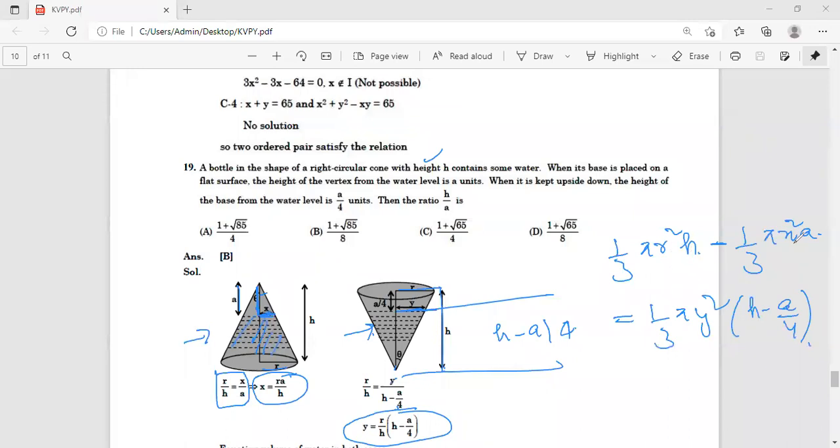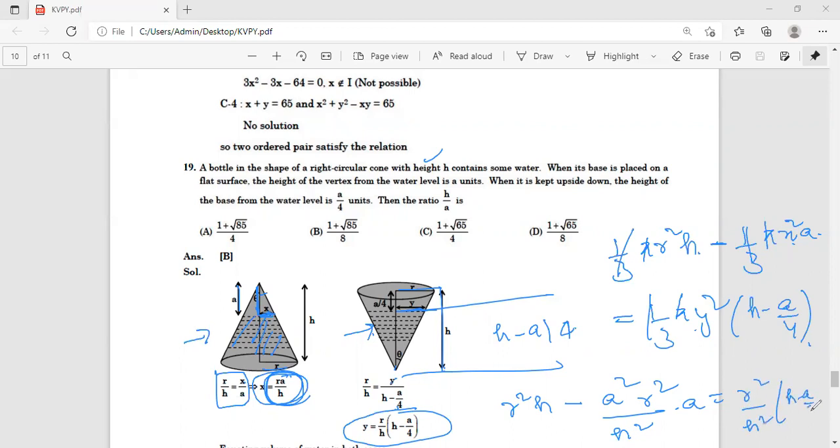What is x here? x is r a by h. So put it in, cancel 1 by 3 and pi on both sides. So you get r square h minus x square a, where x square is r square a square by h square. Y square is r square by h square into h minus a by 4 whole square, into h minus a by 4.